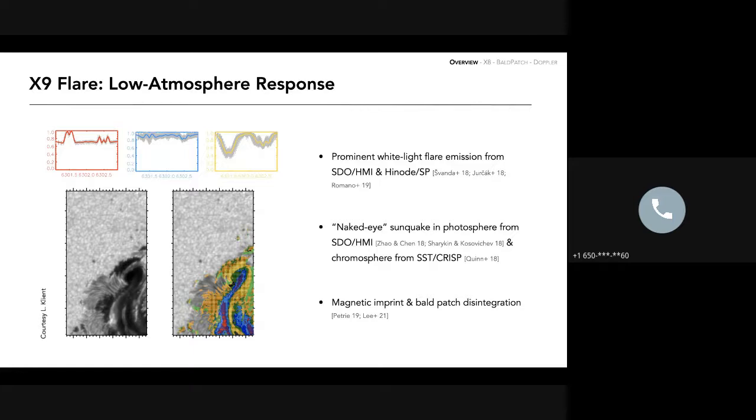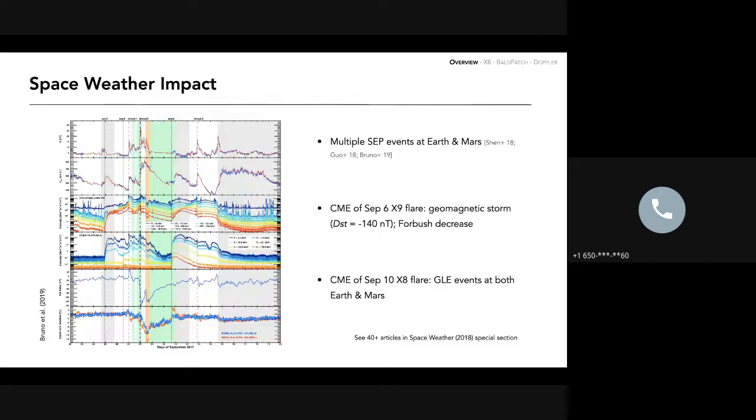Not only that, the Swedish Solar Telescope took videos in the calcium II 8542 line, and if you look at the images from the calcium observations, you can actually see sunquakes in the chromosphere as well. That's very neat. Another interesting thing here is that the magnetic field in the photosphere changes very rapidly, and the magnetic topology also changes. I'll talk about that in a minute. Next slide, please.